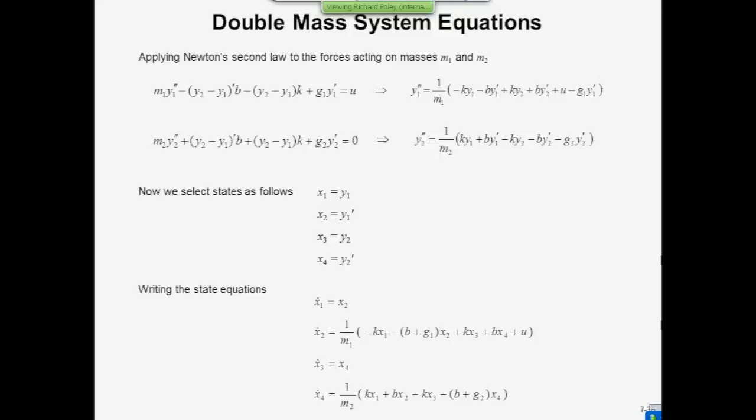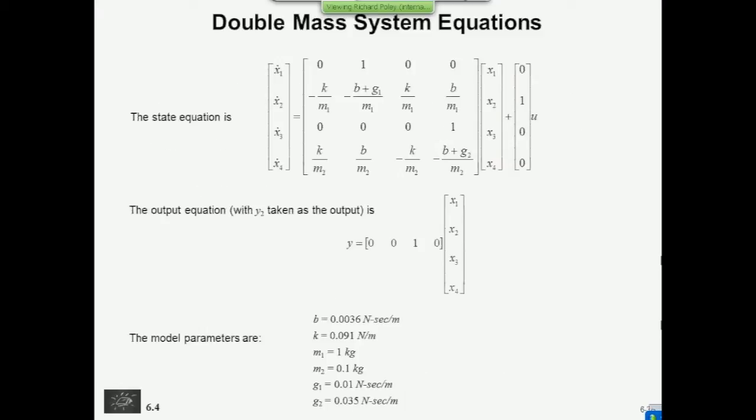The problem is that the mass term appears on the left, so you take all the other terms over to the right and divide through by m1, so that you've got x2 dot on the left-hand side, which is what I've done here. The thing that's gone wrong is that I forgot to divide this term u by m1. So on this equation, this shouldn't be 1. It should be 1 over m1.